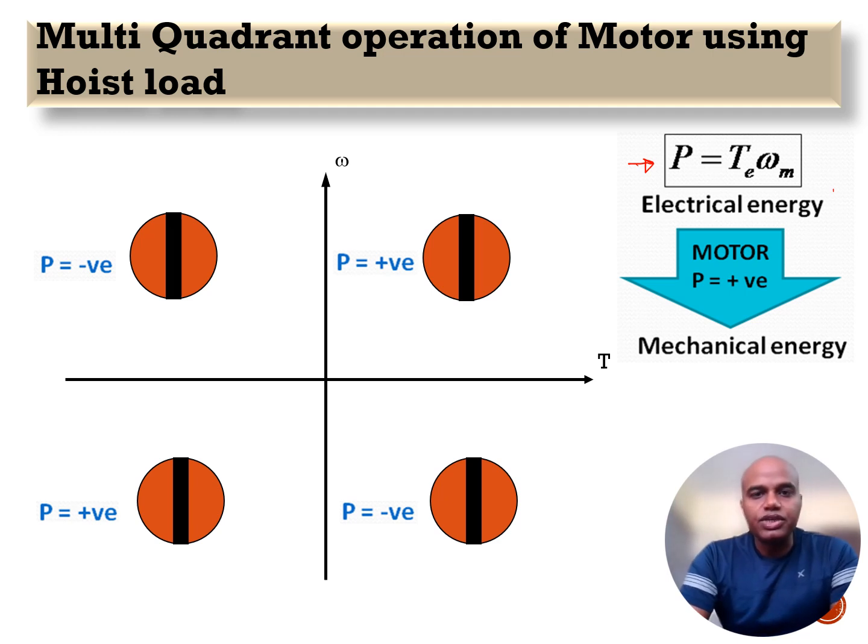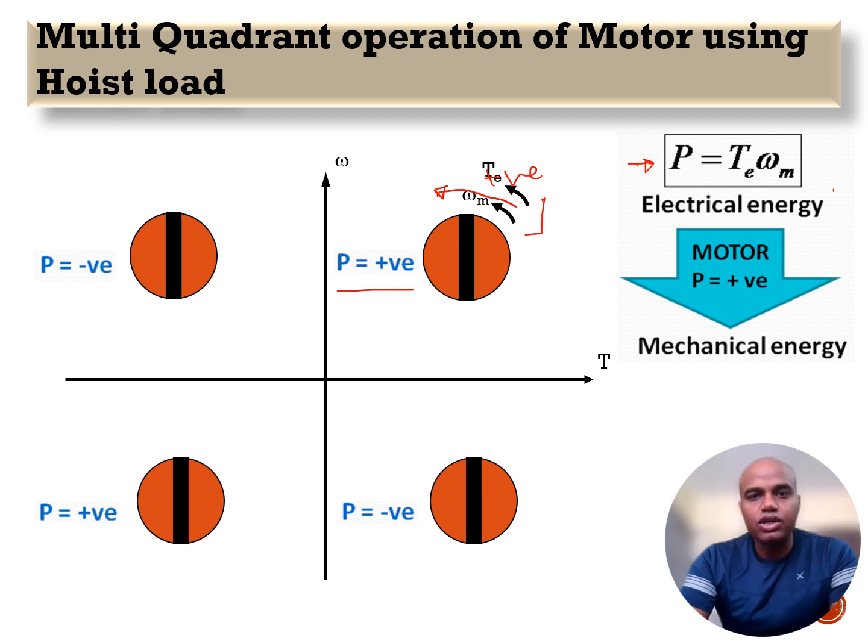In the first quadrant, let's say the motor rotor is rotating in the anti-clockwise direction, and this speed direction, as of now, I'm taking as positive. The torque being produced by my motor is also in the same direction. These two are in the same direction, so my power also becomes positive.